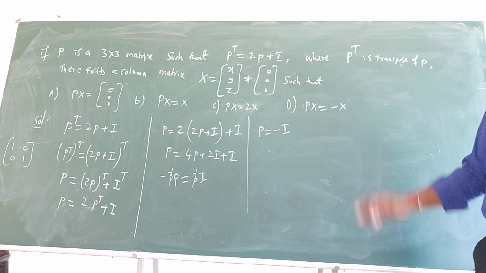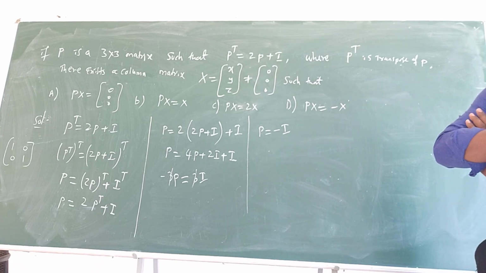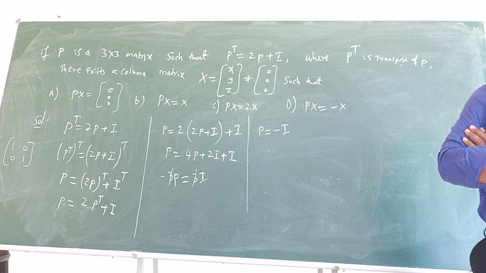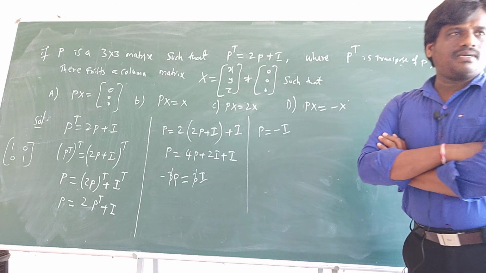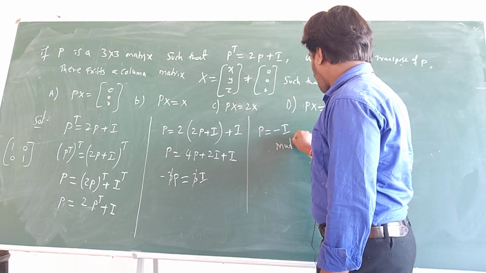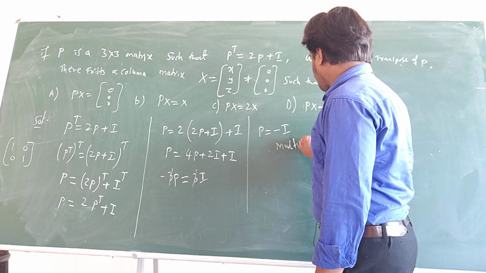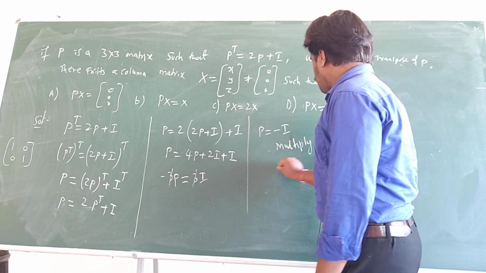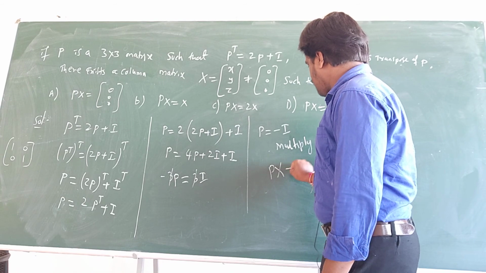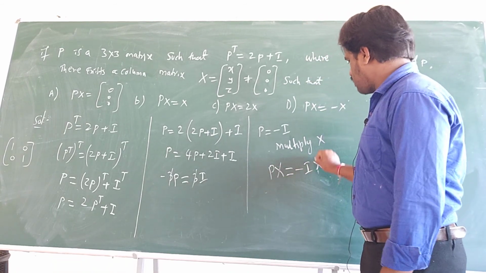Now I have to get which is correct. So what I do here is multiply x on both sides. So what I get here is Px equal to minus I into x.